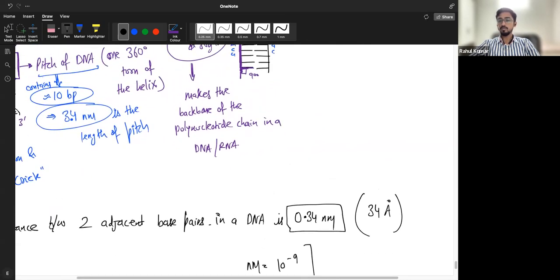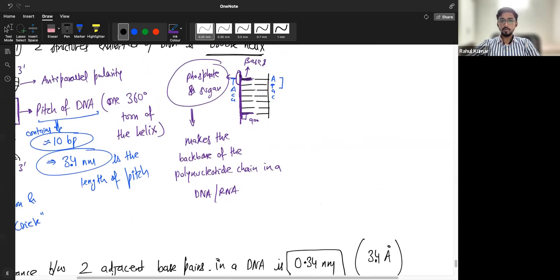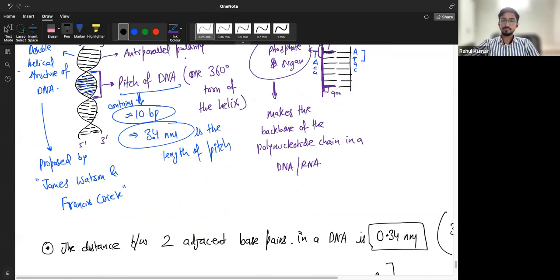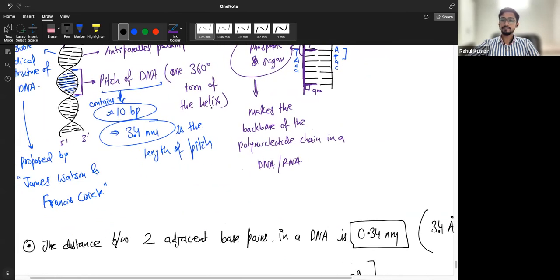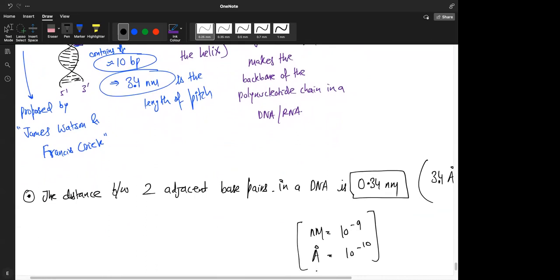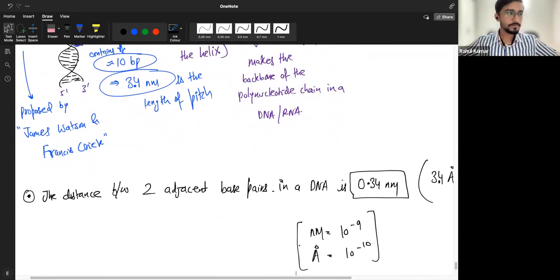So 0.34 nanometer is 3.4 angstrom. And 3.4 nanometer is 34 angstrom. Is it clear? Yes. Clear, yes or no?